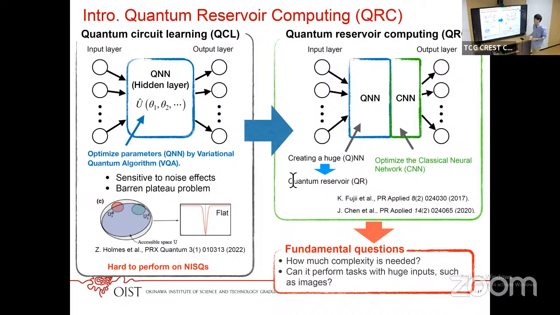We cannot get the memory, so I think it's impossible to use it as memory in general. That's why we use quantum reservoir computing to solve static inputs, like image classification tasks. The fundamental question is, how much complexity is needed? And can it perform a task with huge input, such as images?